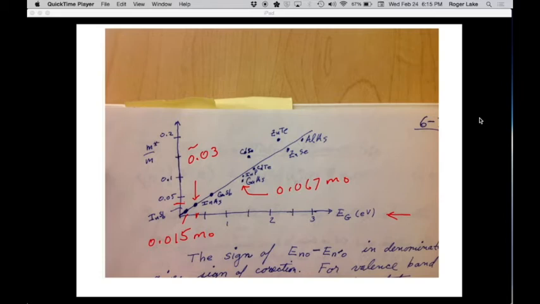Now we're going to talk about those basis states, these XYZ basis states that we use, and do some somewhat explicit calculations of this matrix element P0.